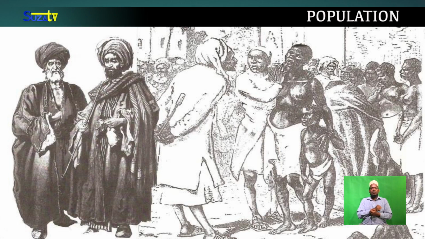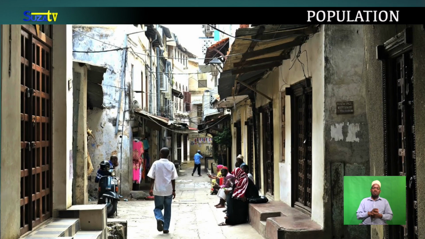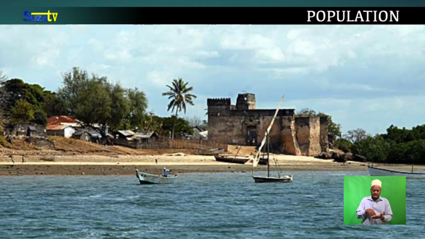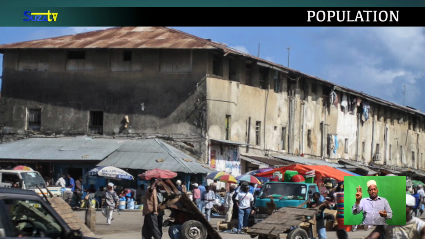Until now, that town is very famous because it comes from history. So people can be attracted to live in that area due to the historical background. For example, Zanzibar town and Kilwa, located in Stone Town, because the area experienced the slave trade market.